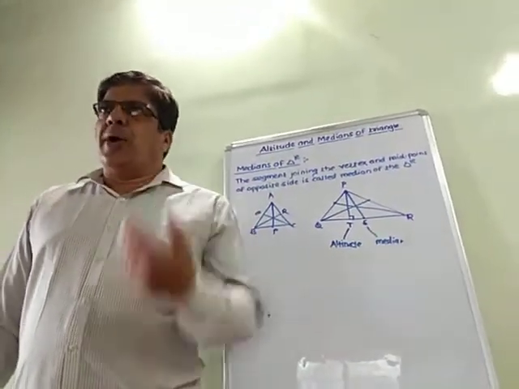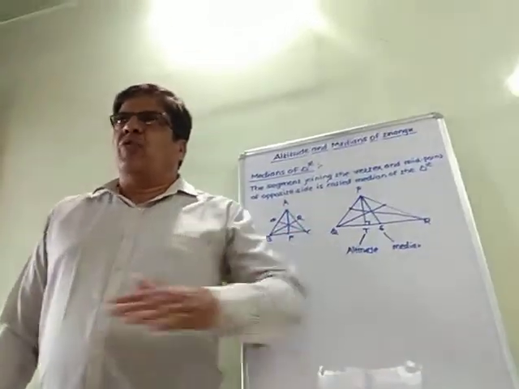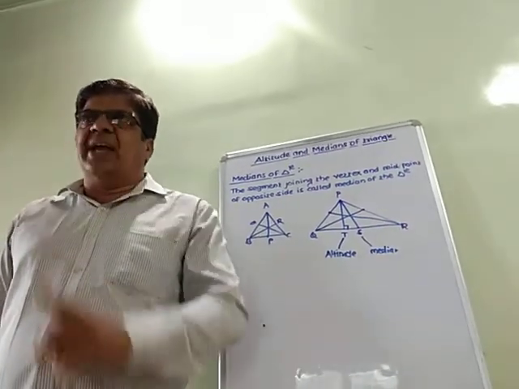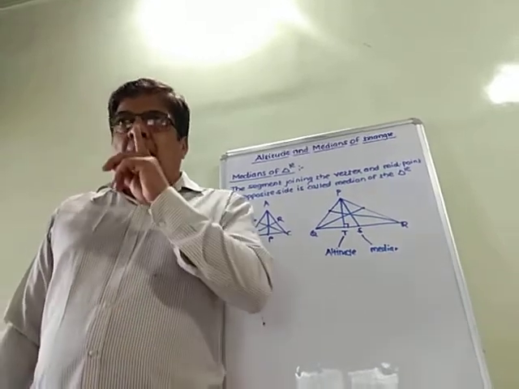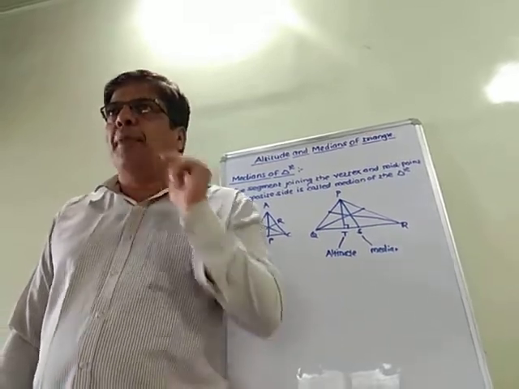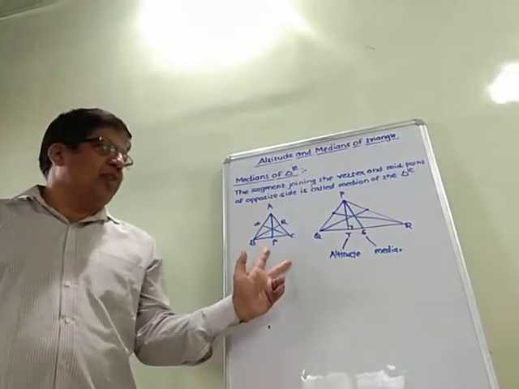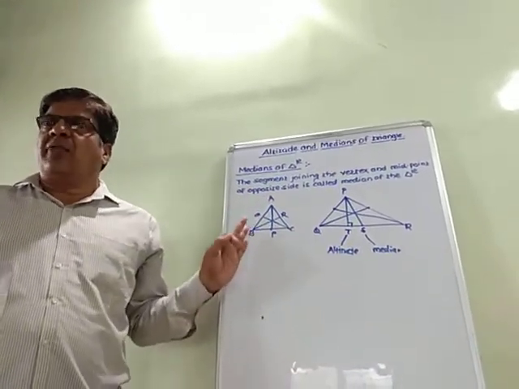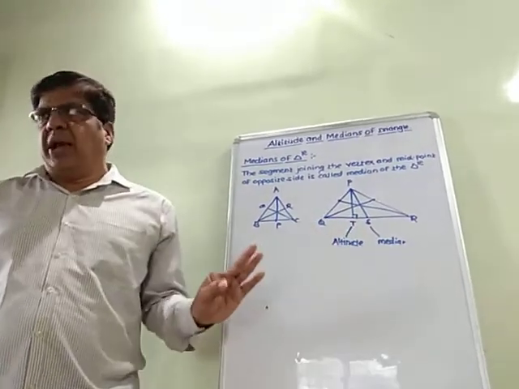Okay, do you understand what is meant by altitude and what is meant by median? Then what is the difference? An altitude makes only a 90 degree perpendicular to the opposite side, and a median is a segment joining the vertex and the midpoint of the opposite side. This is the difference between altitude and median. There are three altitudes in a triangle, and also three medians.